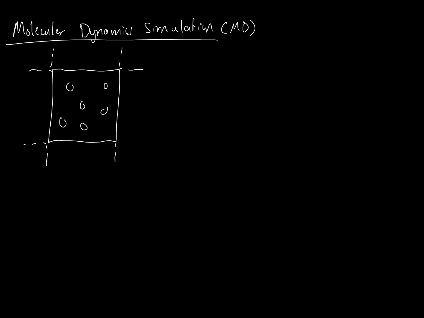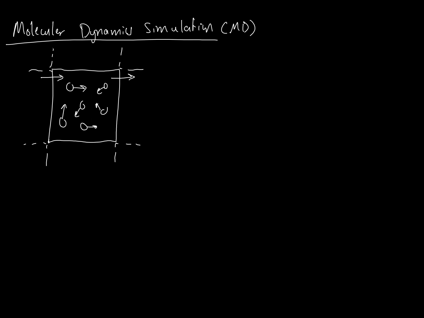In a molecular dynamics simulation, we have to concern ourselves with the positions and velocities of the particles. So for example, if a particle were to cross over out this side, it would reappear back on this side due to the periodic boundary conditions.